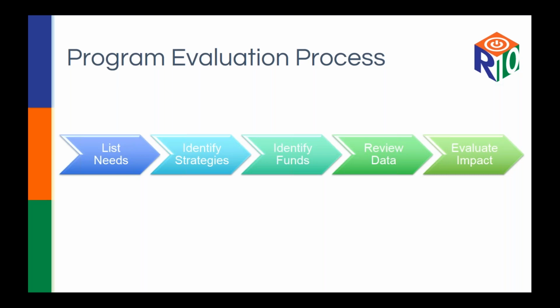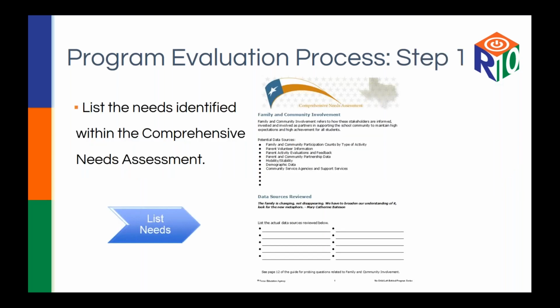This is all possible pieces of data that can help you evaluate your parent involvement program. So when you did your needs assessment for the 17-18 school year, utilizing data from your families and input from your stakeholders in the community, what did they identify as needs? That's your step one. You're pulling from your CNA.